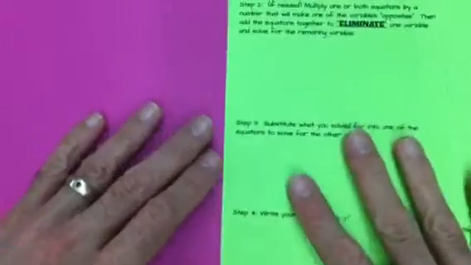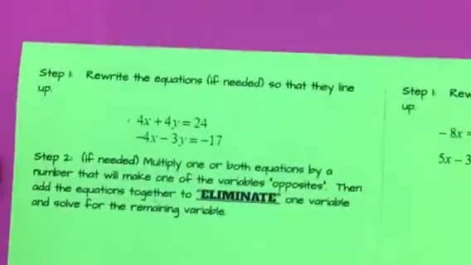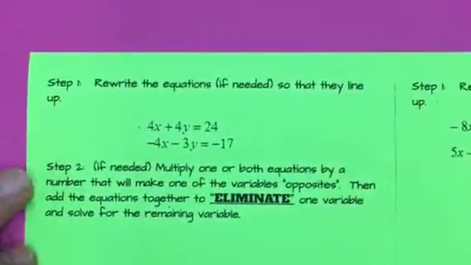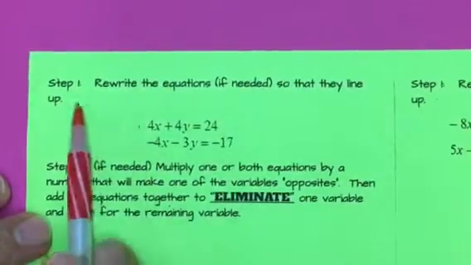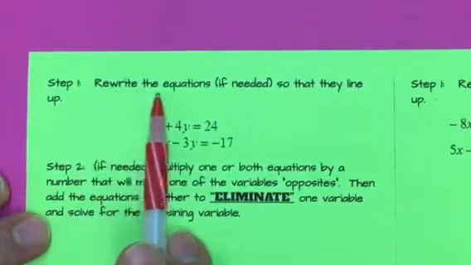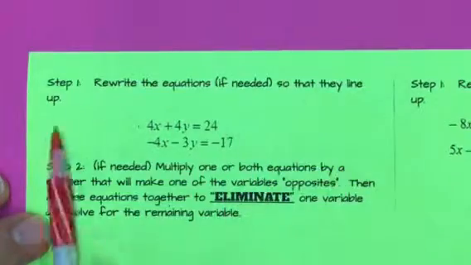Go to the inside. I want to talk about this. I'm going to zoom in a little bit so you can read better. These are the steps that we're going to use to solve a system of equations using combination or elimination. First off, rewrite the equations if needed so that they line up.